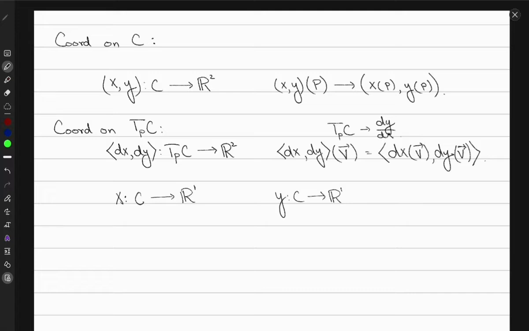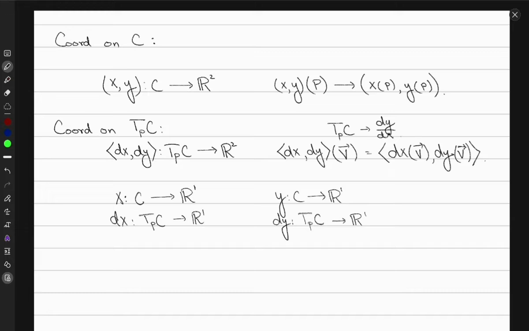So these both combine together to make R2. Okay, next dx and dy. dx is a function of the tangent space to C, and it is also in R1. Likewise, dy is a function of the tangent space to C, again in R1.